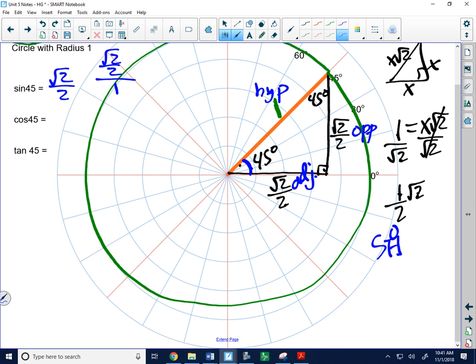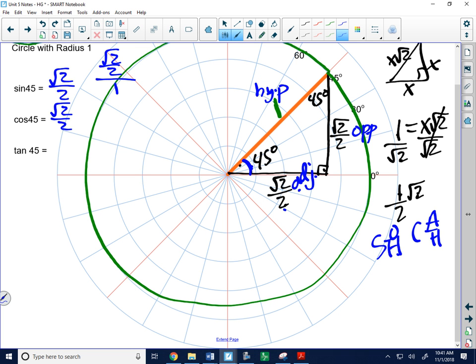It's divided by 1, that's the same as just radical 2 over 2. Cosine of 45 is adjacent over hypotenuse. Same thing. Radical 2 over 2 over 1. I write the 1.